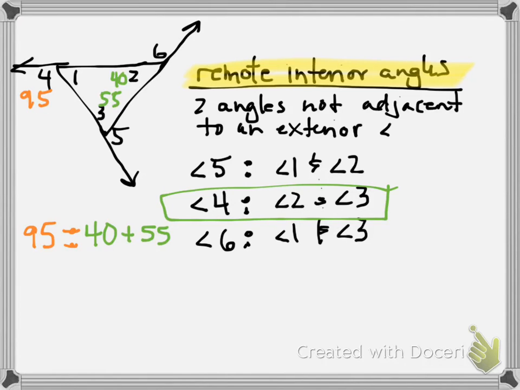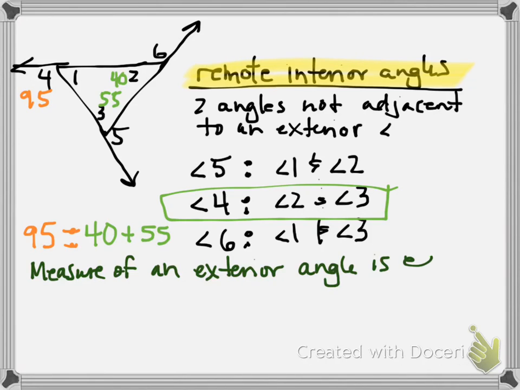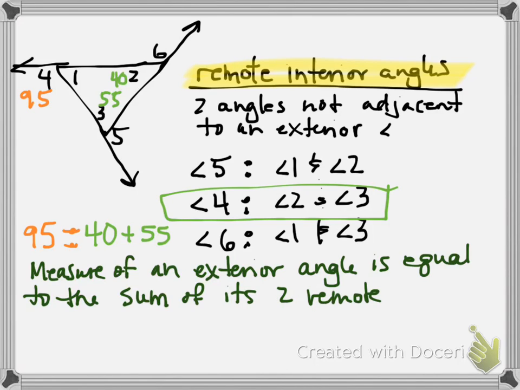Okay? So that is an important idea to get, that the measure of an exterior angle is equal to the sum of its two remote interior angles.